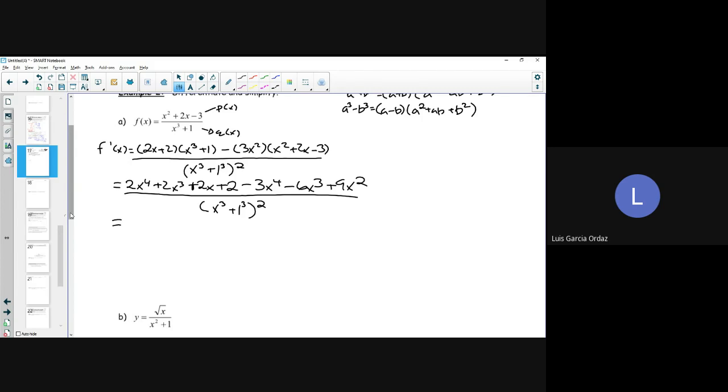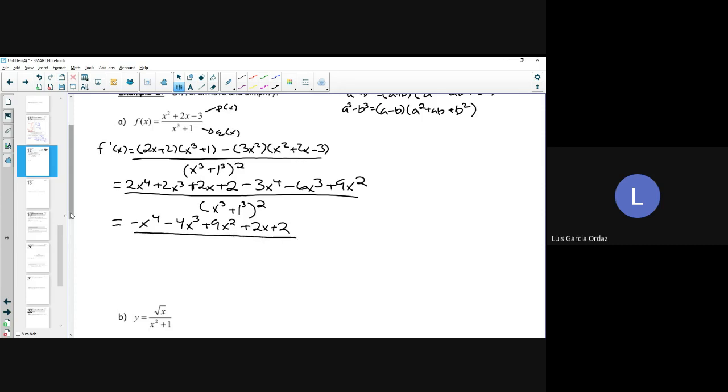Okay, so what would my numerator simplify into? Yep, thank you, Mohammed. So I get negative x^4 minus 4x^3 plus 9x^2 plus 2x plus 2 all over.